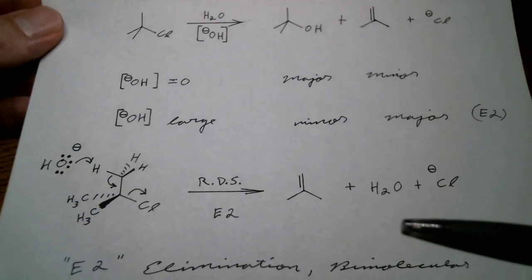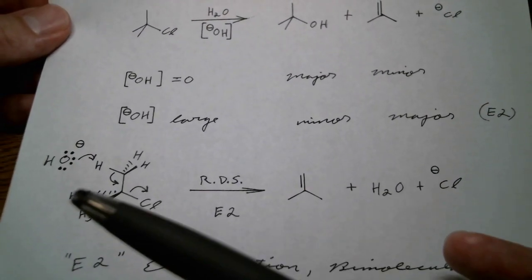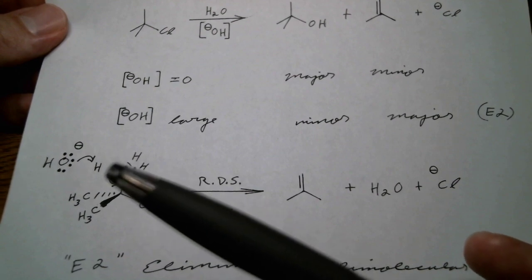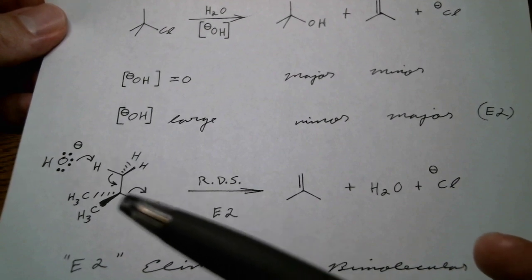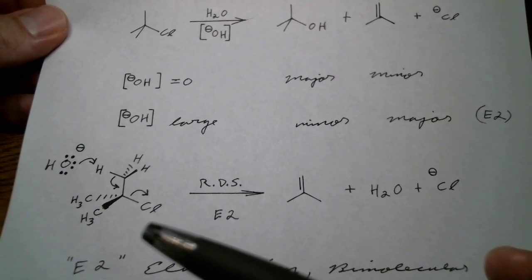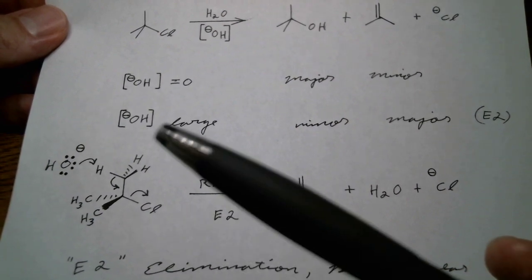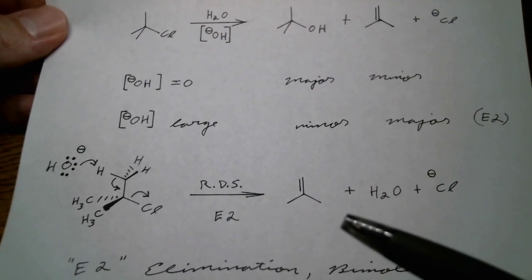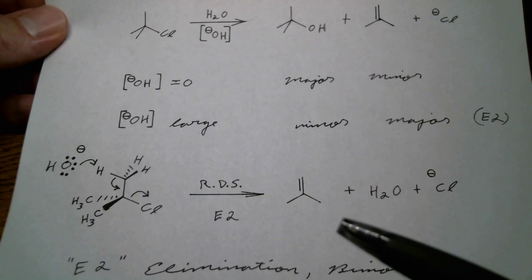So what is an E2 mechanism? Well, our hydroxide bumps into this molecule and it snags a proton from a carbon adjacent to the carbon that bears the leaving group. So in an arrow-pushing sense, it looks like this. It's a single step, it's concerted, and we form our alkene.